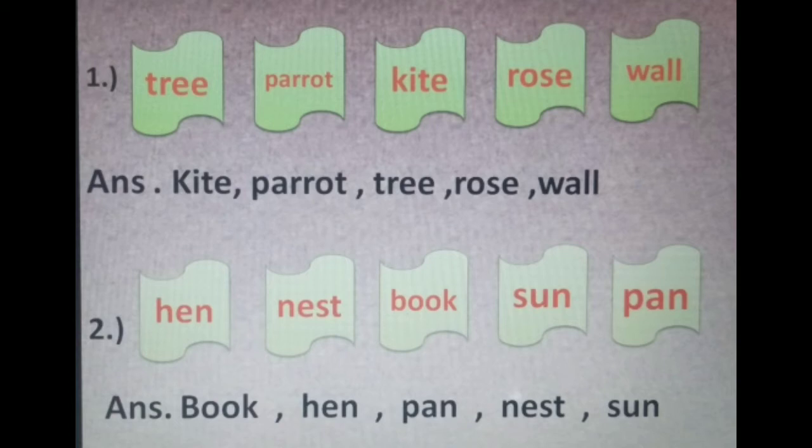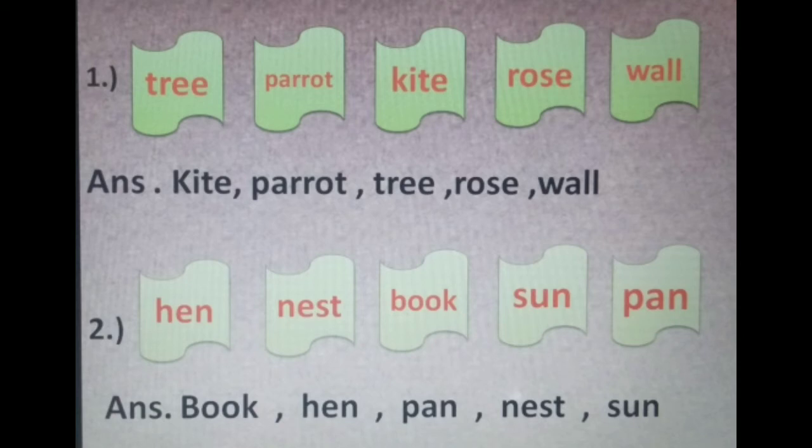Again, we have to recall ABCD for the fourth word. A, B, C, D, E, F, G, H, I, J, K, L, M, N, O, P, Q, R.